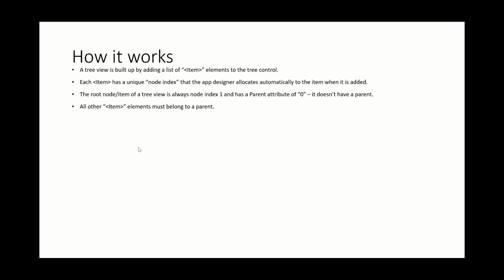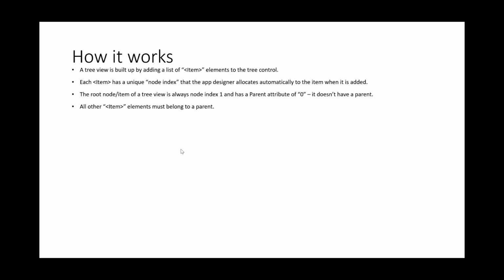So basically what we're doing with a Treeview control is we are giving it a list of item elements, and each item that we give it is actually a level in the Treeview. As you add an item to a Treeview, the Treeview control allocates it a node index, a unique ID for that row, in which case it knows what it is, and we'll see us using that.